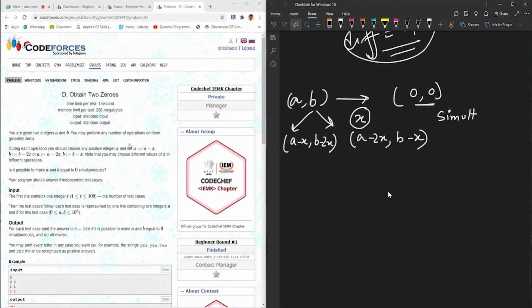It says that it is not necessary that we use the same value of x in all our operations. So we can use different values of x. I hope the question is clear till now.